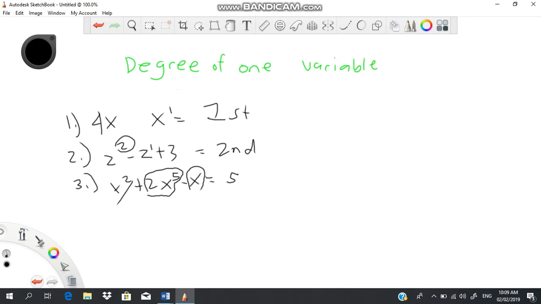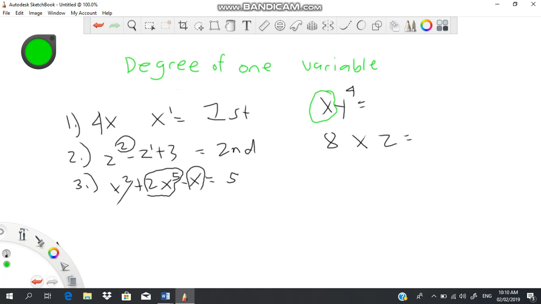Now, in finding the degrees of a polynomial, it's not always one variable. It could also be in two variables. For example, maybe xy to the 4th, or maybe 8xz. And to find the degree of both, you just have to add the exponents of each variable. For example, I'll teach you how. For example, x y raised to 4. X, as I've told you, if it doesn't have a number on the top, it's always 1.